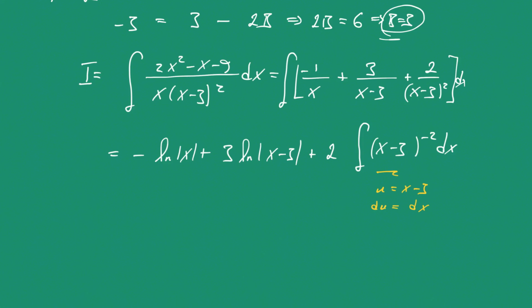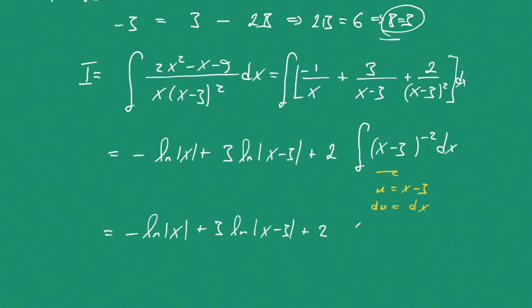I'm just going to, at this point in the class, see if we can do this without actually doing this little u substitution. We can. So rewriting what we have already. And I'm going to treat the integral of x minus 3 to the minus 2 just as I would treat the integral of u to the minus 2, and then we check afterwards to see if it worked.